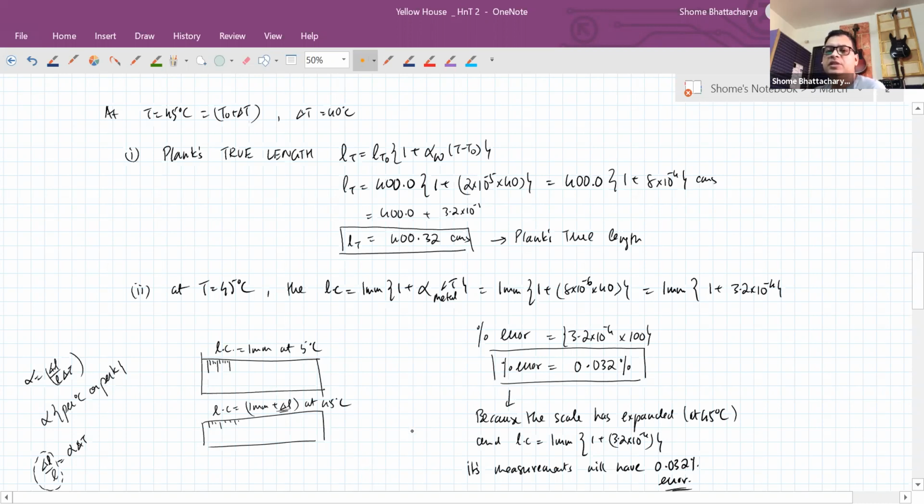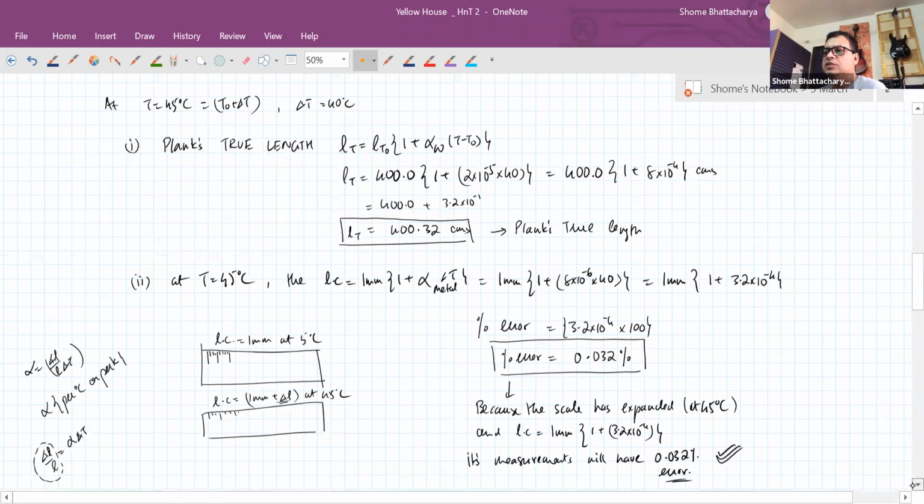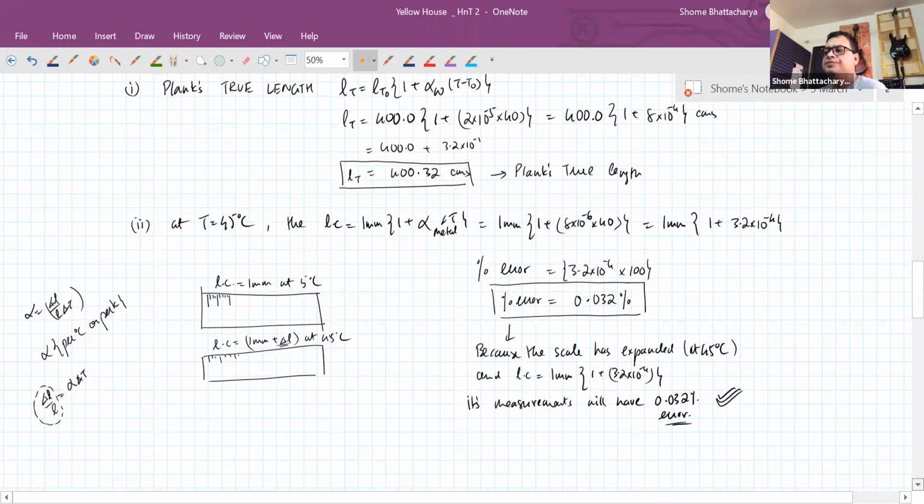So that means any measurement using this scale will have some error. Okay, and that error will be of 0.032%, in terms of percentage error. So we'll just show that using the third part.